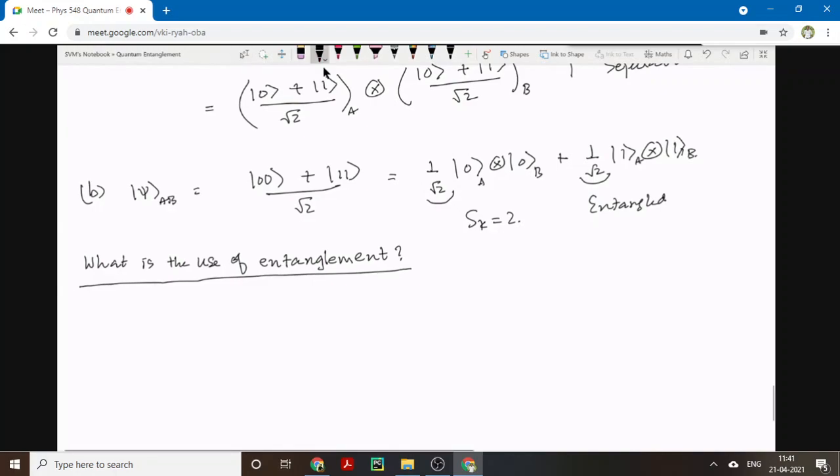So how do we understand this entanglement?